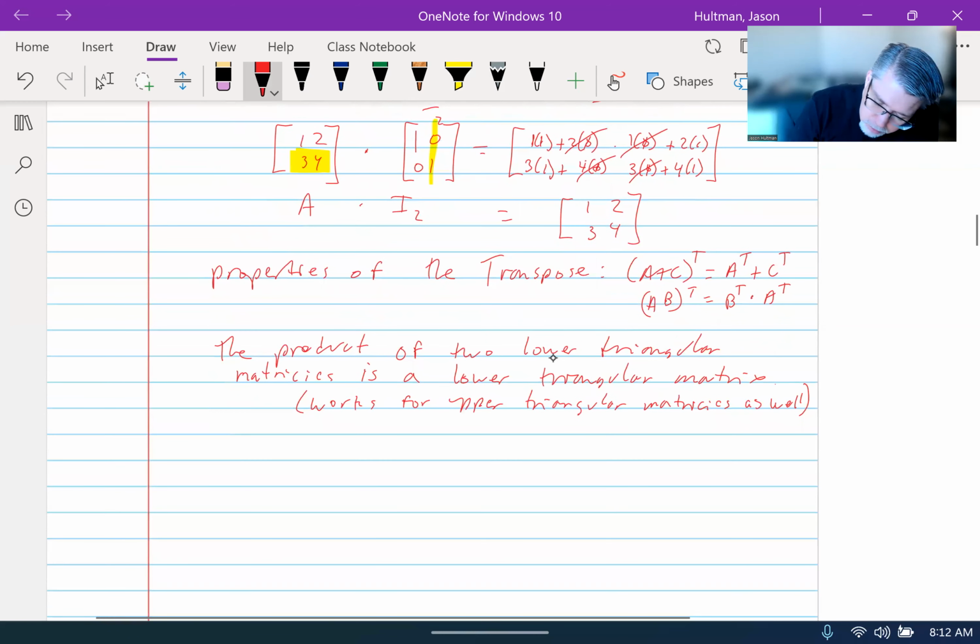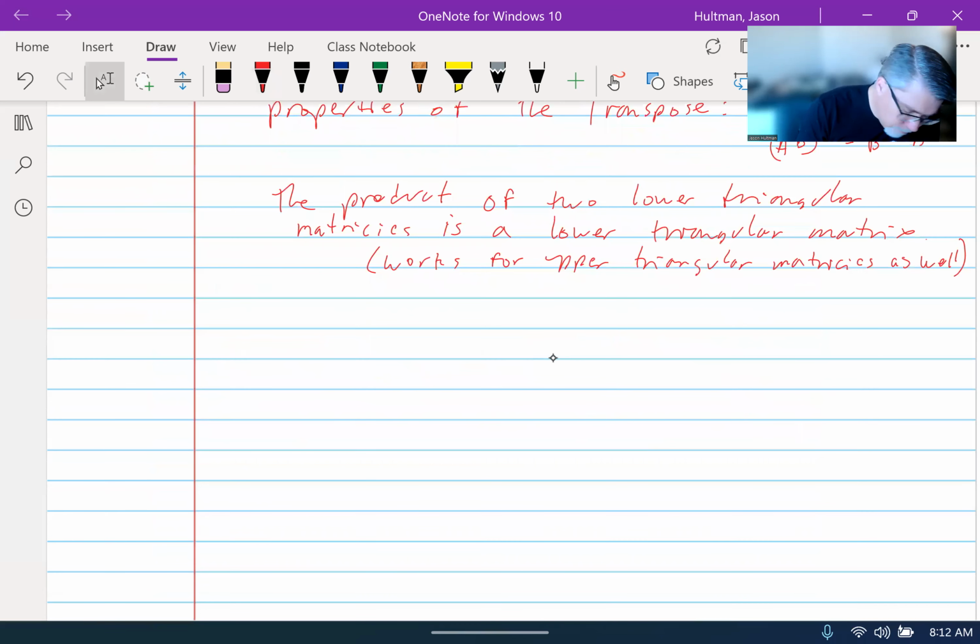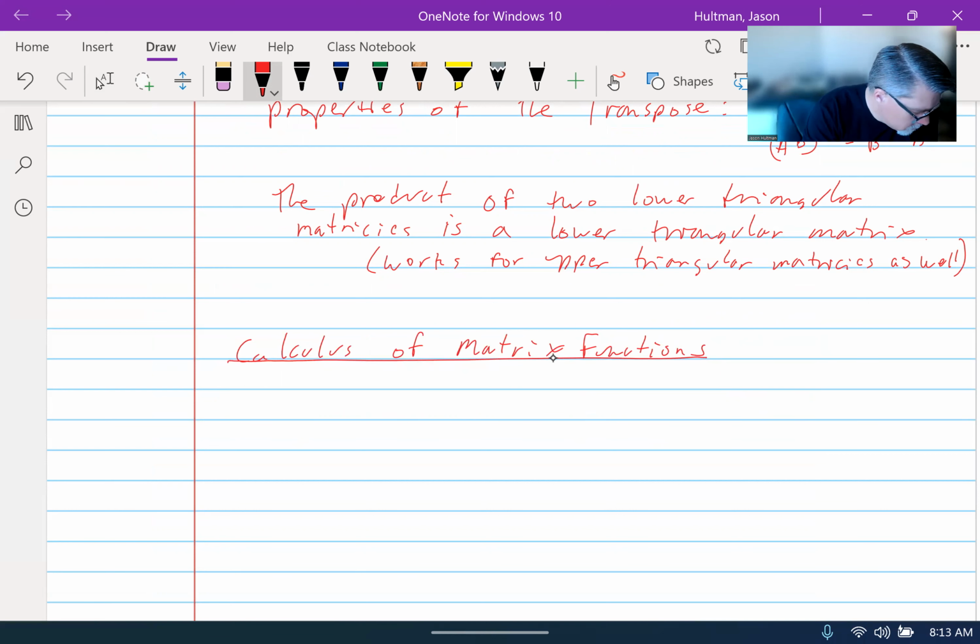Okay, a little calculus with our matrices. The calculus of matrix functions: we just differentiate each entry individually if we want to take the derivative.